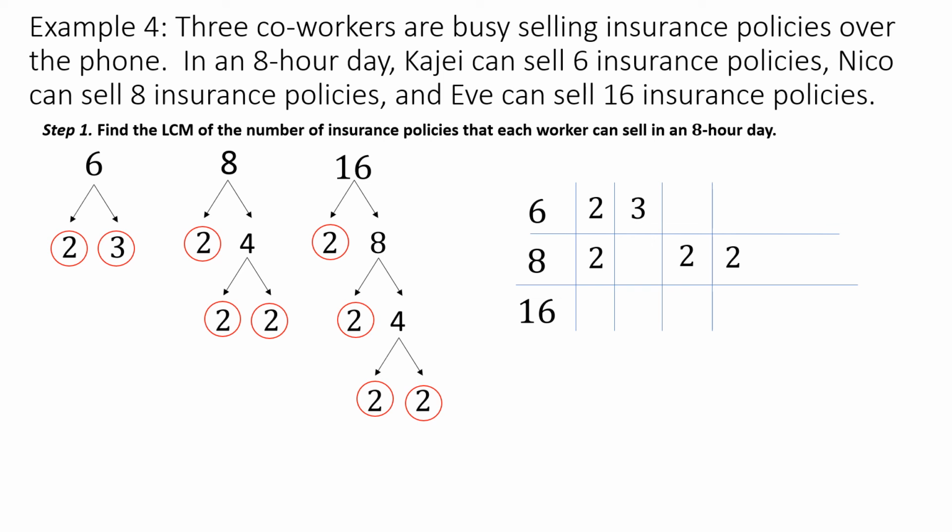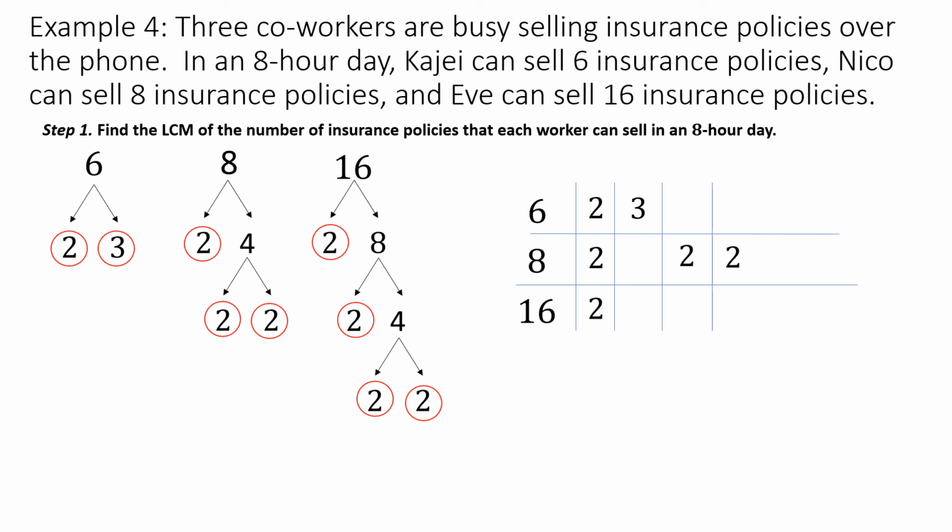I'm going to do the same thing for 16. I'm going to look at the prime numbers for 16. If I have a prime number in either the top row or the middle row that is in common with a prime number of 16, I'm going to be placing that number below it in the column. And if the prime number isn't already represented, I'm going to create a new column for that prime number.